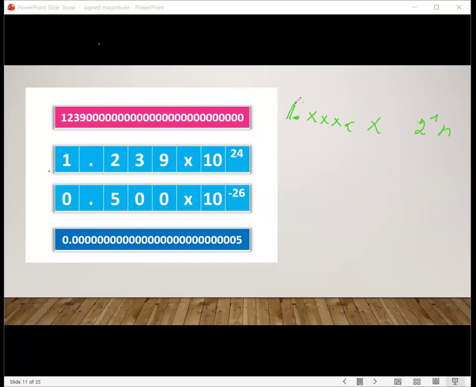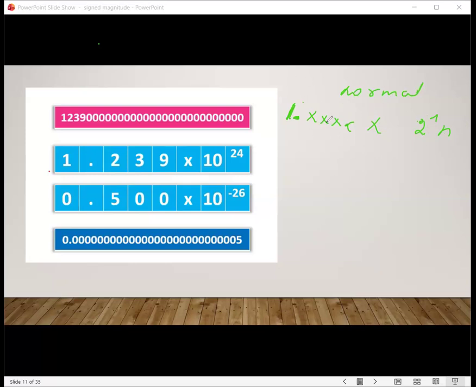Only 1 has to be on this side, then a decimal point, and after the decimal point we can have any number of values, multiplied by 2 to the power of n. This is called the normalized form. So every number has to be converted to normalized form.